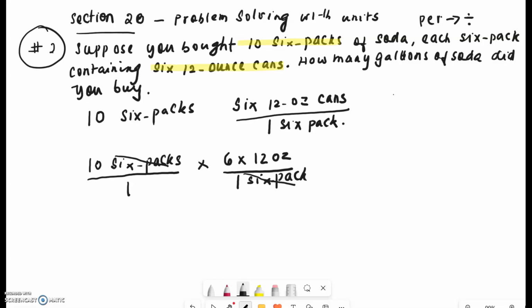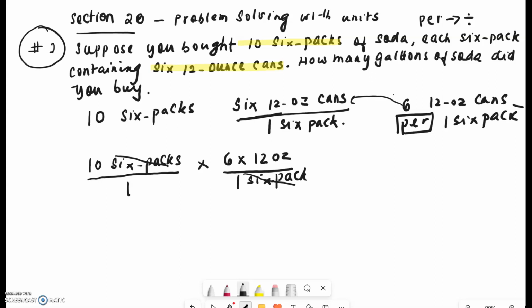And remember we said 6 12-ounce cans per, the word per, one 6-pack. The word per translates to division, remember that.